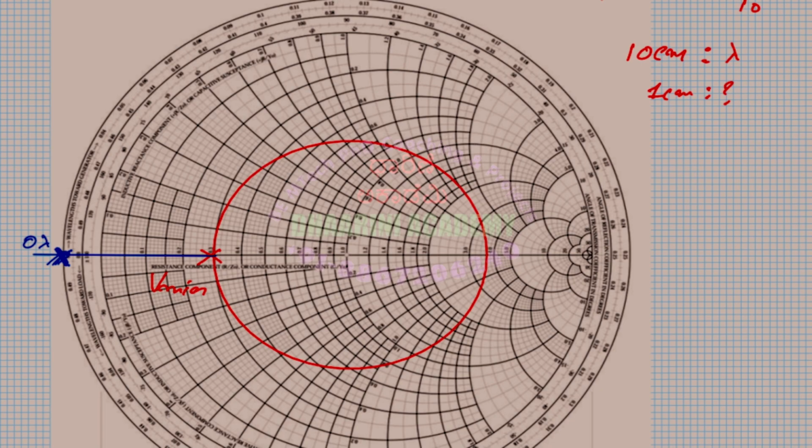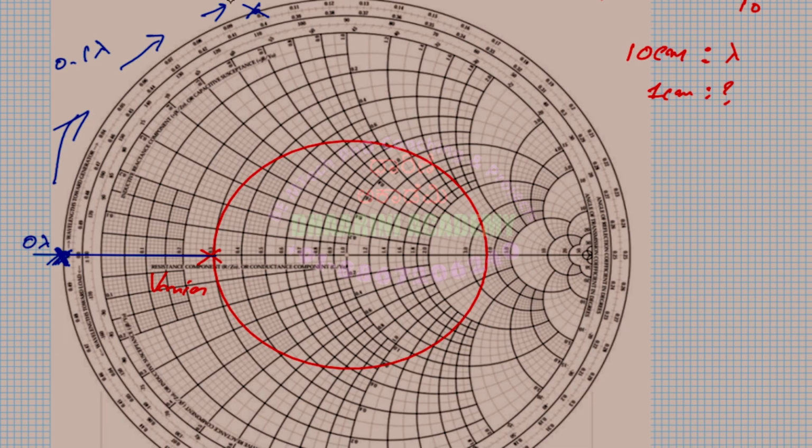0.1 lambda, I have to move towards the generator. So towards the generator is this direction, correct? Simply move 0.1. So you see 0.1, I think I can see here, correct? So that is a point, 0.1 lambda. So this total distance will be 0.1 lambda.